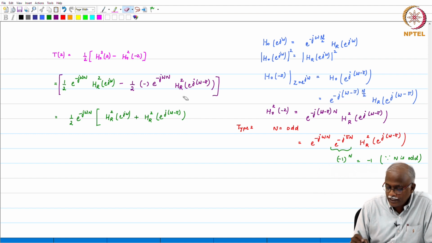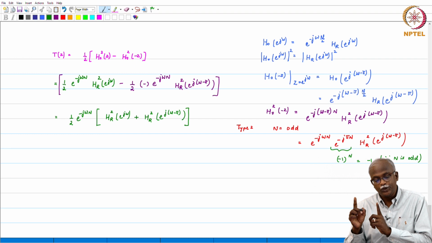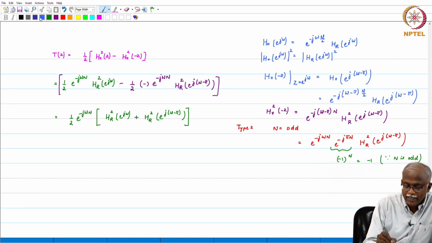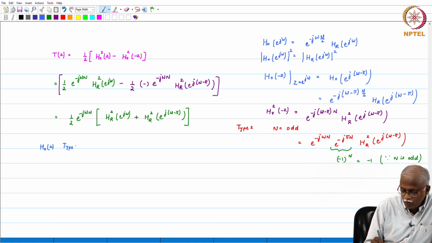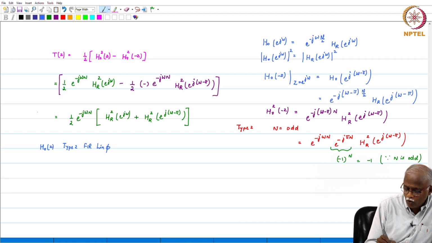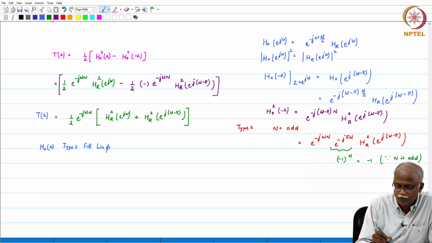Okay, so this is the overall transfer function if H0 happens to be a type 2 linear phase transfer function. So let us assume that H0 of Z is a type 2 FIR linear phase transfer function. Then the overall transfer function T of Z comes out to be of this form.